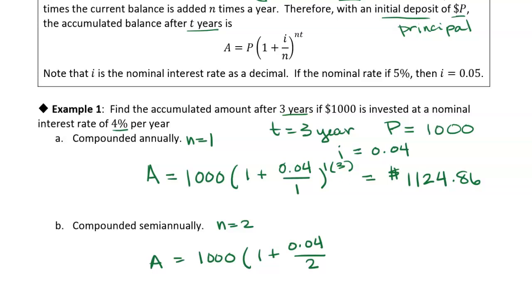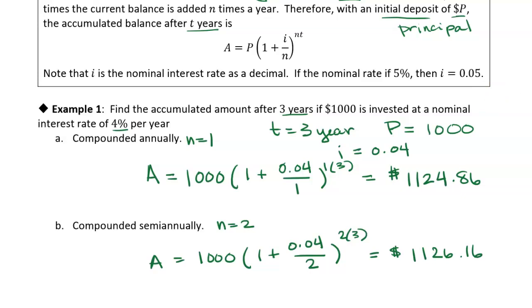So we divide the 4% by 2, the exponent is 2 times 3, and T is 3 years still. Plug that into the calculator, and I got $1,126.16.